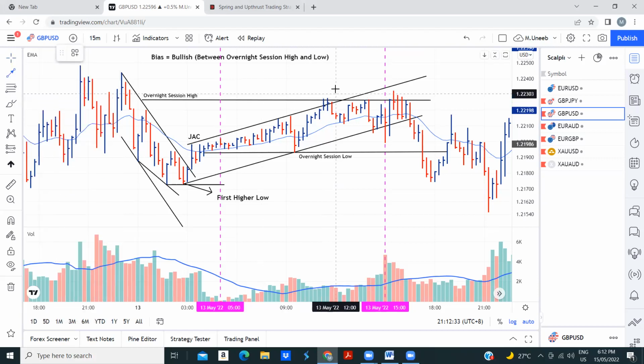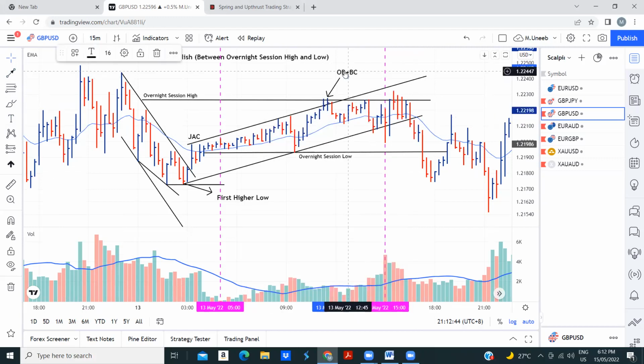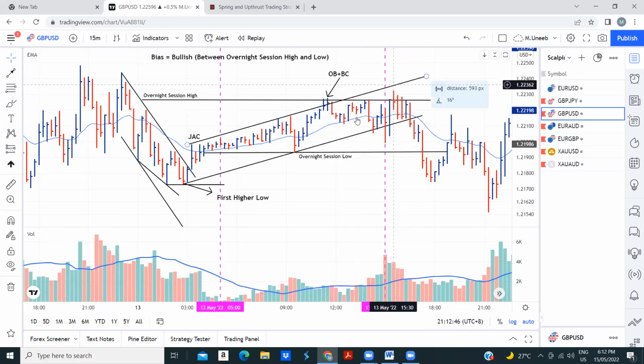We have already reached overbought here, right? So OB plus BC. So what can we conclude? We can conclude that in the middle of this range, middle of overnight session high and low, we have a bullish bias.